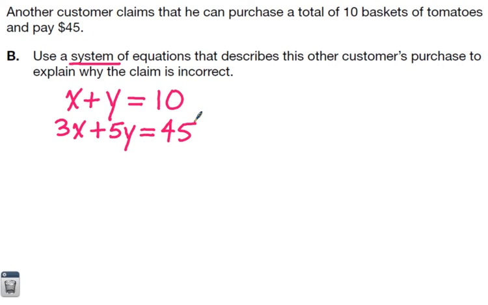So there's my system, and we're going to try to figure out why this claim that it was 10 total baskets and $45 total has got to be incorrect. So let's investigate what the number of baskets were.